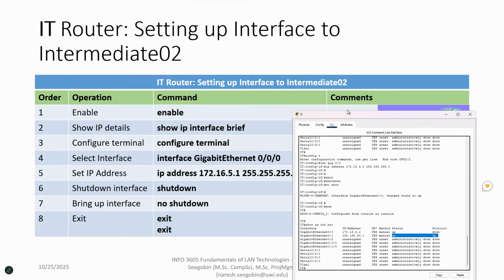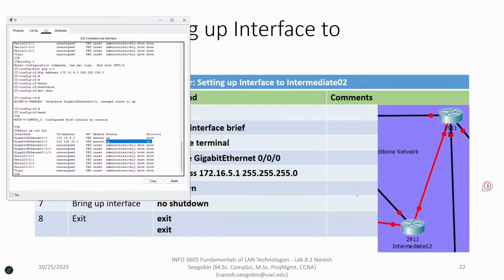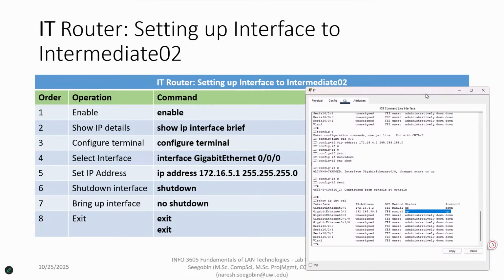Right, now we're going to set up the intermediate 02. Based on this design, it's the router going down, and then there's one to the ISP. And then we'll finish with the IT configuration, right?